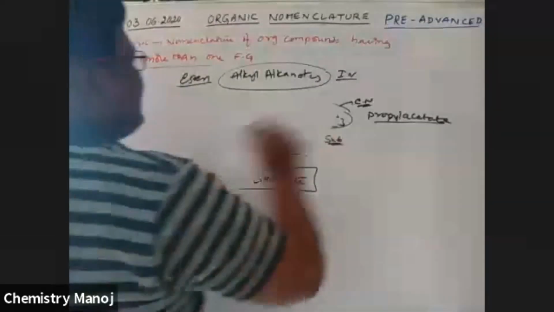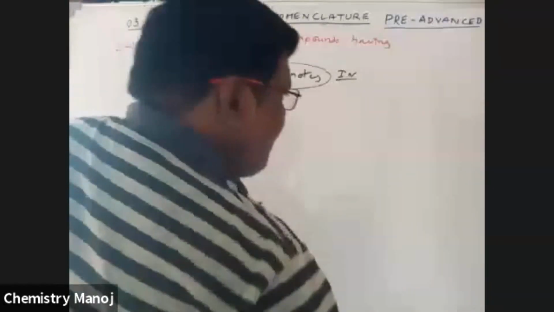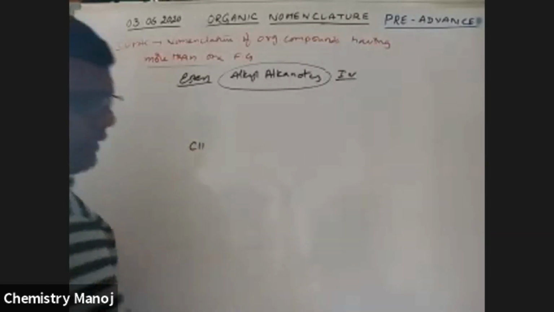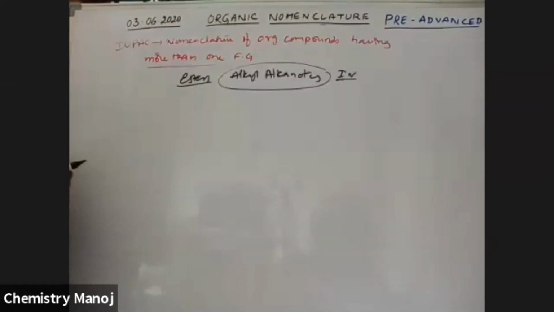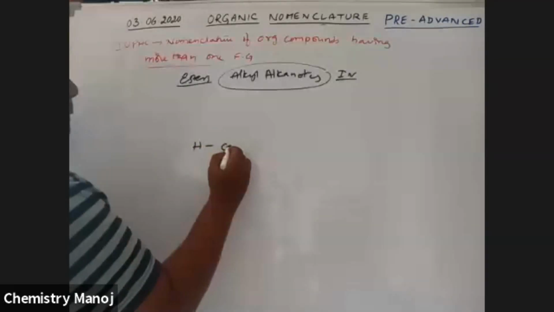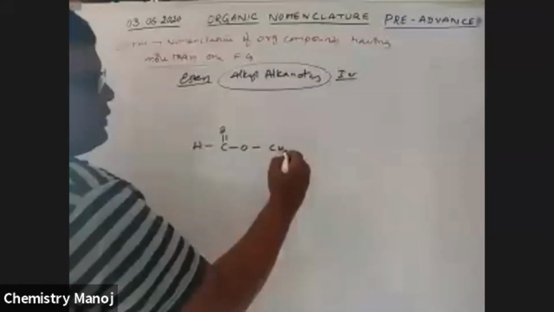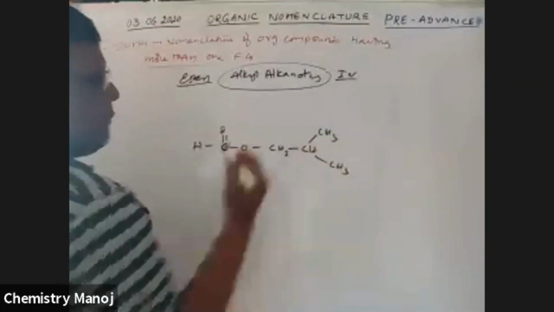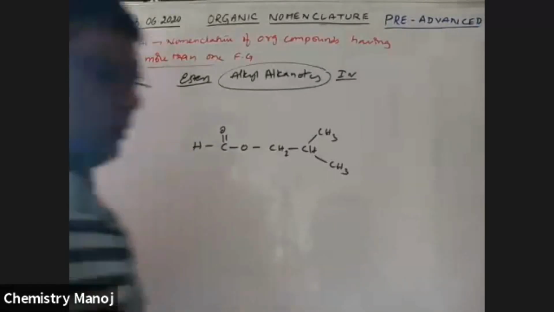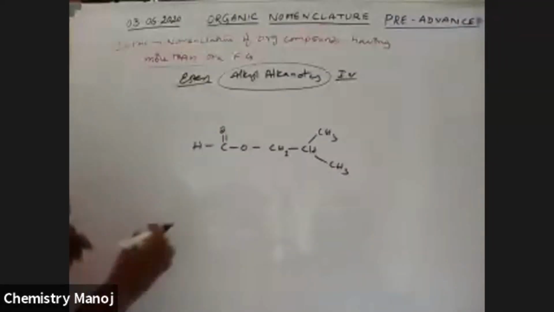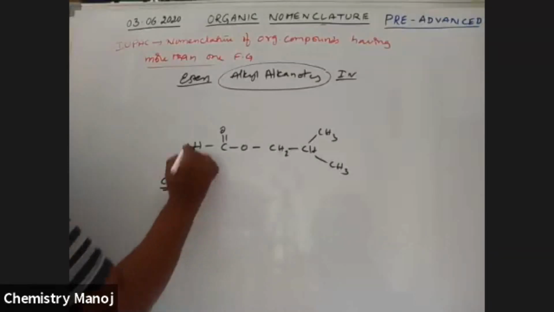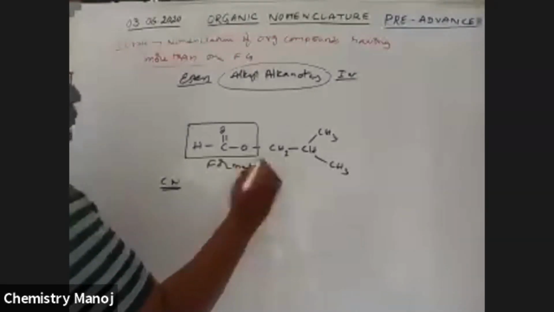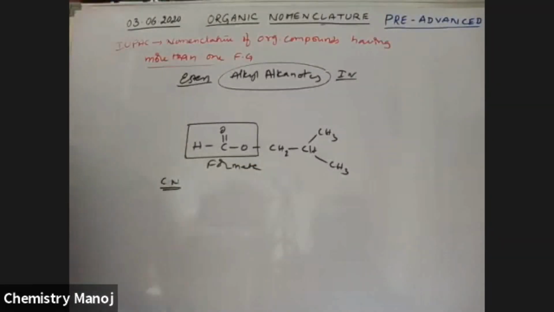So see here, one more example. H COO CH2 CH(CH3) CH3. Now what is the common name for this one? It is formate, like formic acid, formate, like acetate.